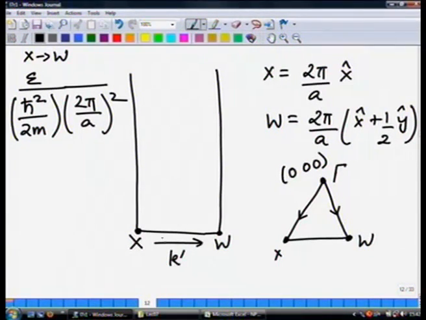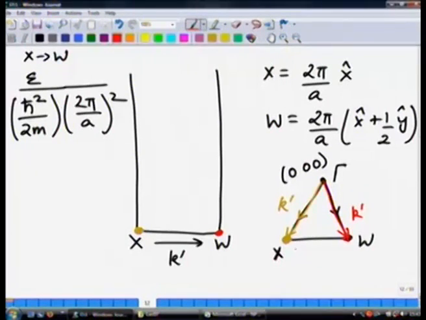At this point, the k prime vector is this vector at the x point, and at this other point the k prime vector is this vector. At any point in between, the k prime vector is this vector, and I am plotting energy versus the k prime vector.